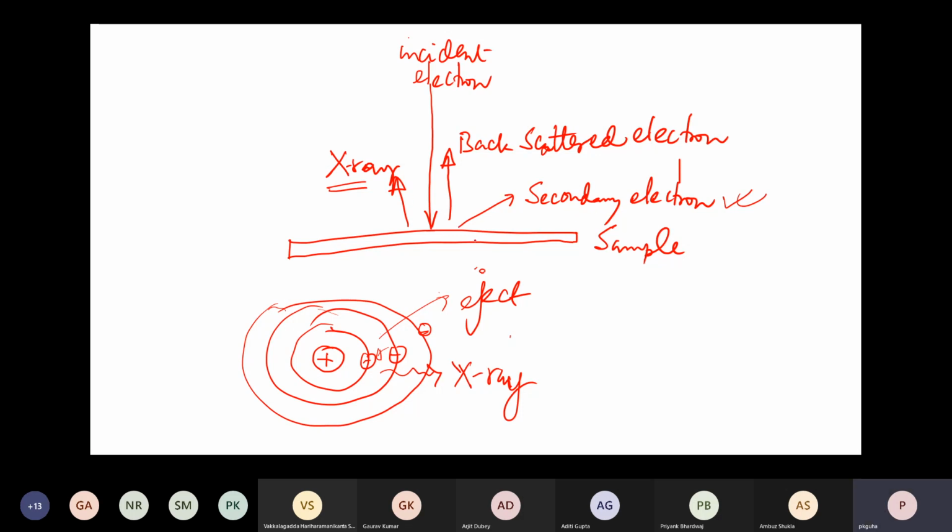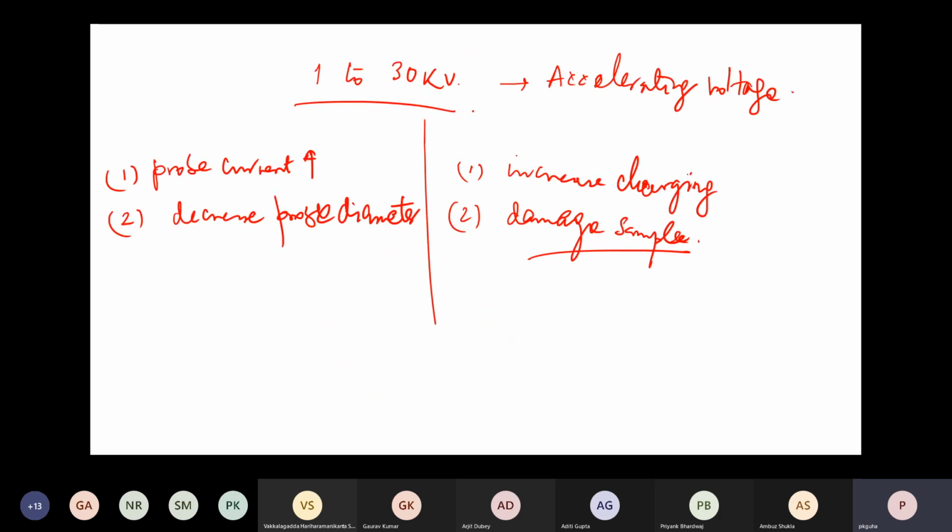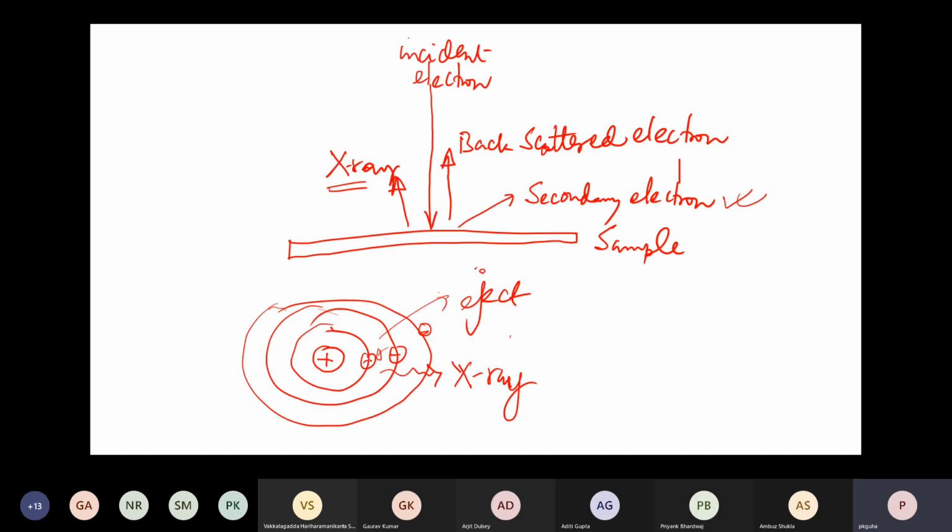How will the X-ray be generated? This incident electron beam, you remember, can have 1 keV to 30 keV. If the energy is too high, then what will happen? They might be able to knock out electrons very close to the nucleus. Then electrons in the higher orbitals might jump and fill up that vacancy, and in the process release X-ray.